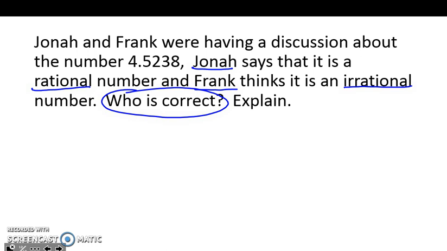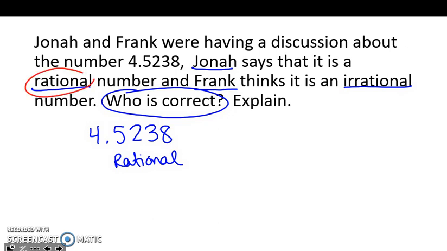So I have to state either Jonah is correct or Frank is correct, okay? Well, I first have to look at that number myself. 4.5238. Well, I know that that number is going to be rational. Okay. But that's not what the question asks. The question asks who is correct.